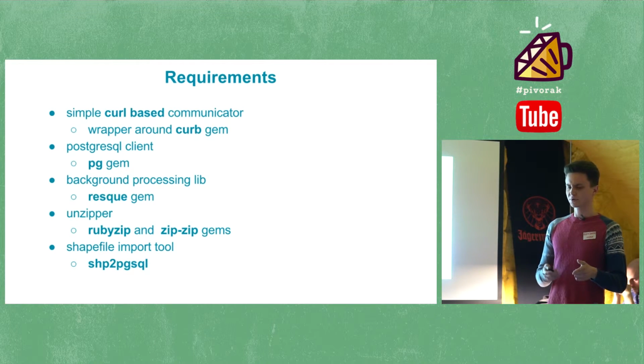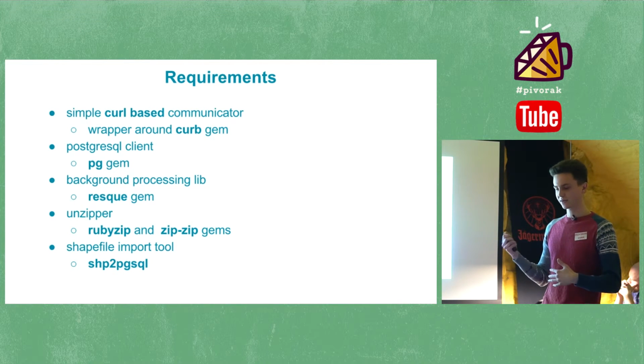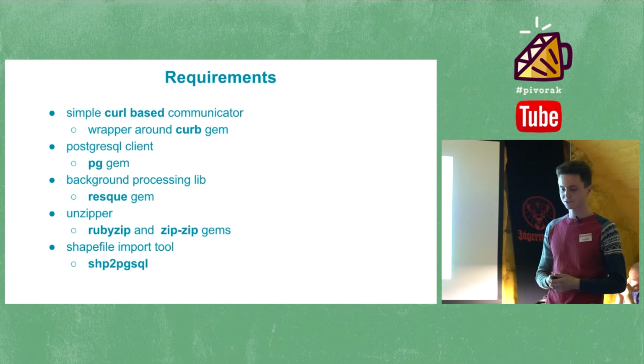And an unzipper, because the shapefiles ship with some files with metadata, and I thought it would be convenient to pack them, and after that unpack on the server side.